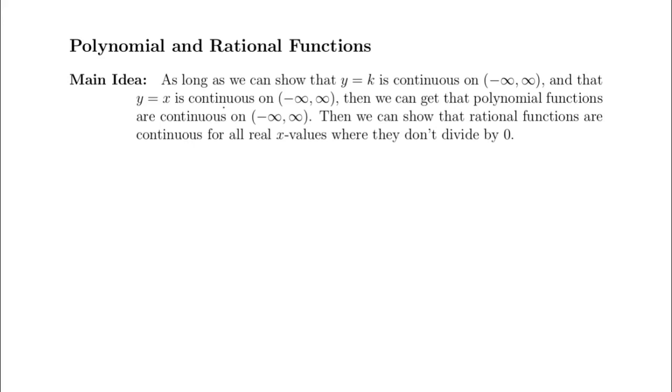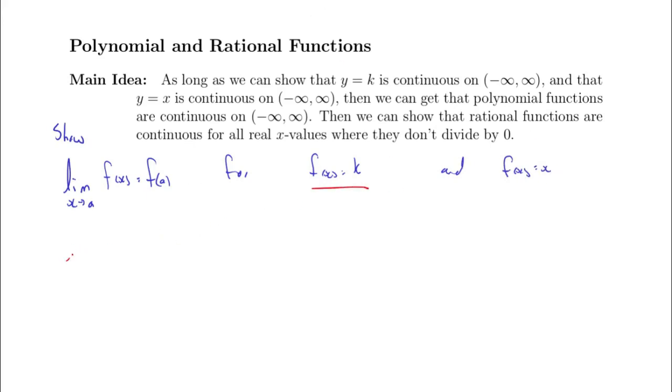All right, so let's just do this. Let's show that the limit as x approaches a of f of x is equal to f of a. So I want to show this for f of x equals a constant and f of x equals x, the identity function. Let's do the constant one first.